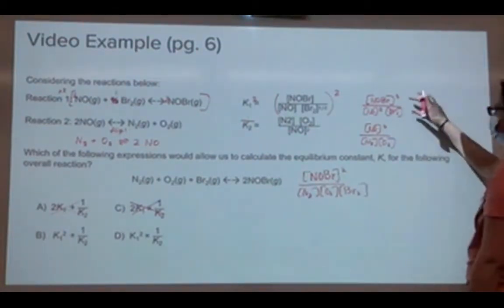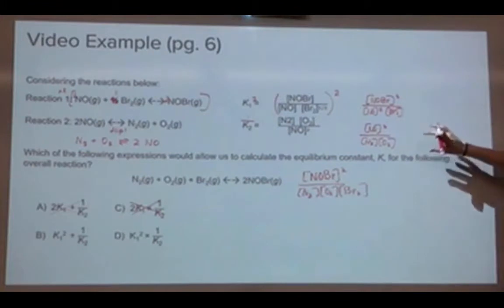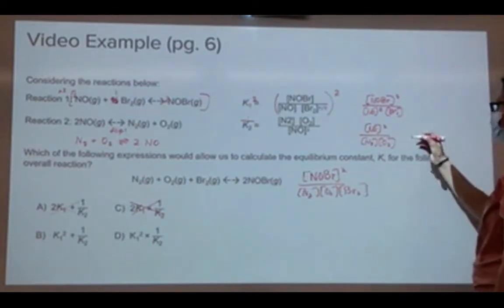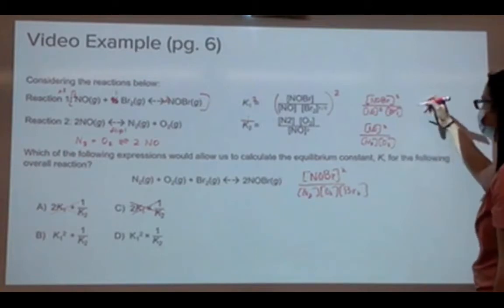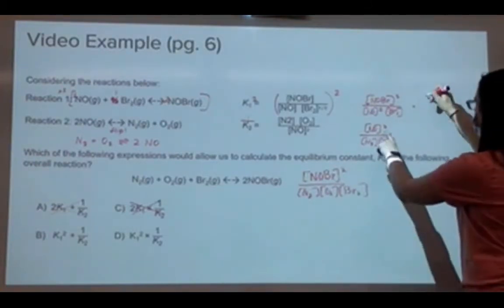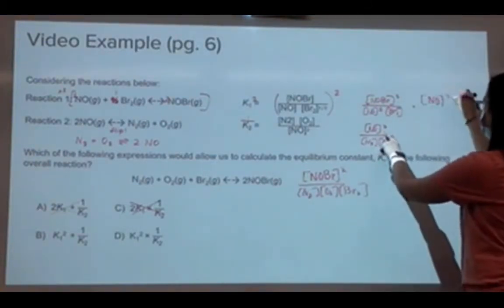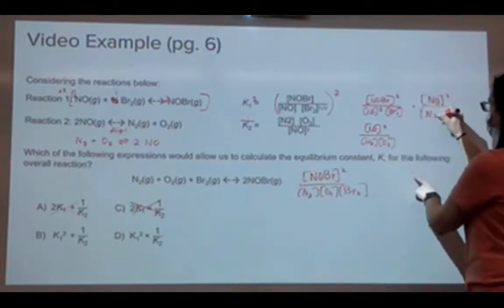If we look at these two K's, if I try to add them, when you add fractions you have to make the denominator the same in order to add them together. But if I multiply them, look at what we get.